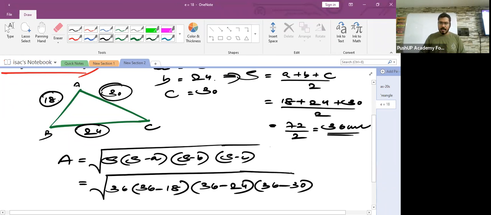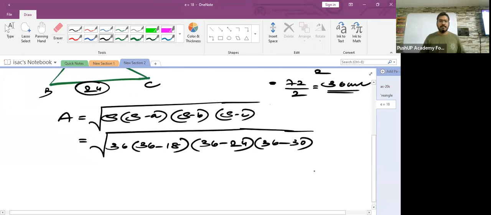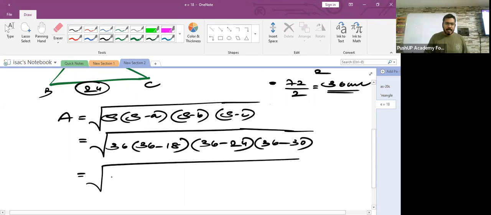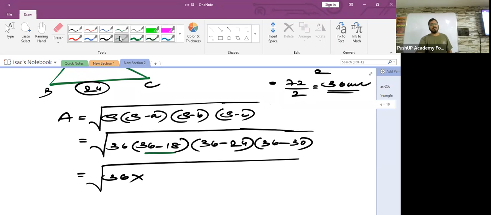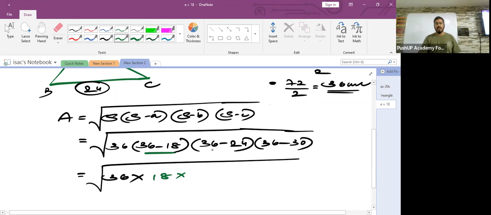Now this is equal to square root of 36 into, let's simplify it. How much is 36 minus 18, children? 18 itself, into 36 minus 24 is how much? Oh, sorry, 36 minus 24 is 12, into, what is 36 minus 30?